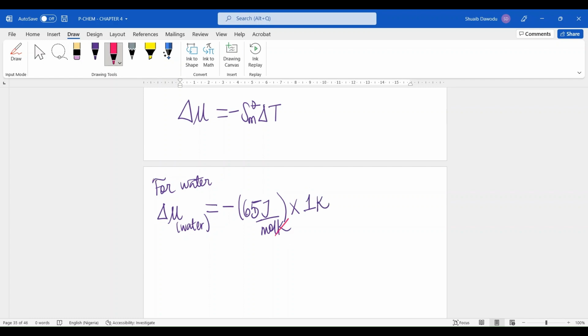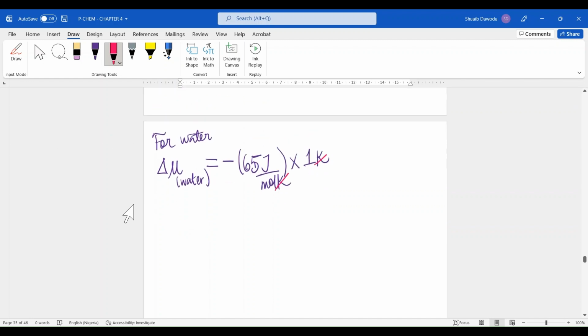You cancel out the Kelvin, and the change in chemical potential of water is negative 65 joule per mole.